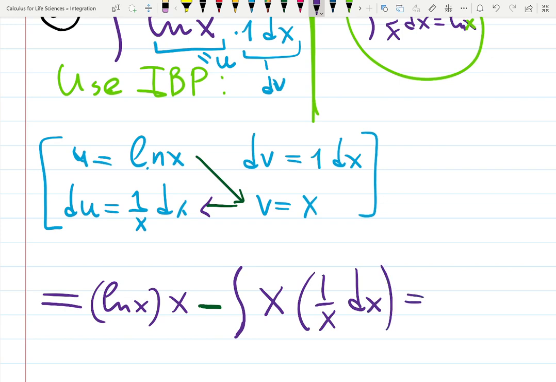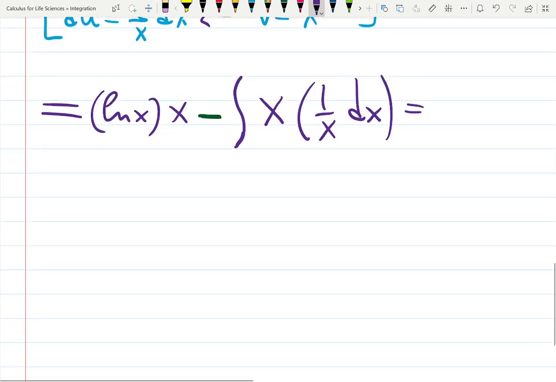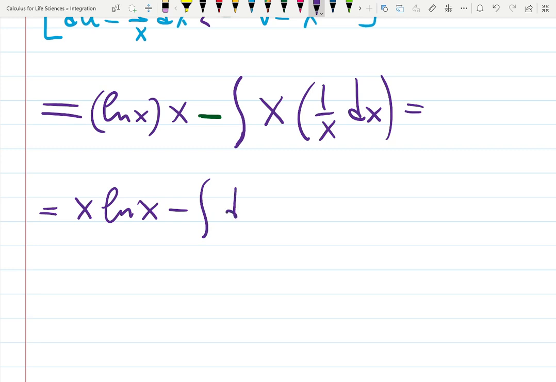Well, the second integral is just x over x. The first part is ready. Let me call it x ln x because it's easy to write, no parentheses needed, minus the integral of 1.